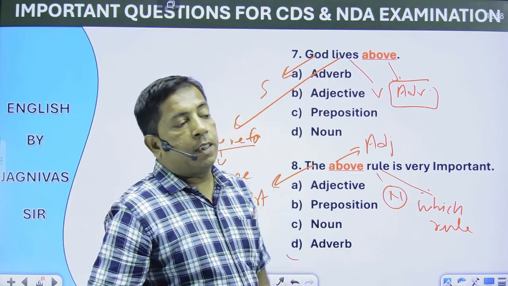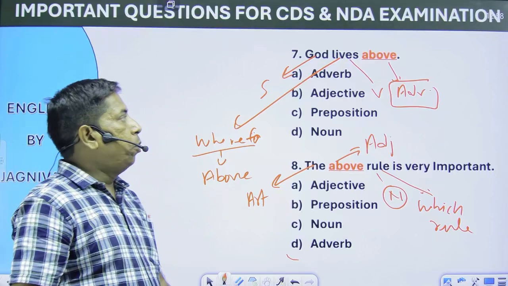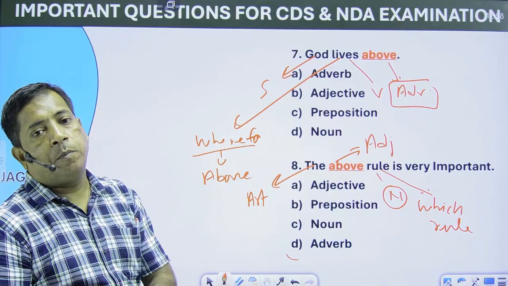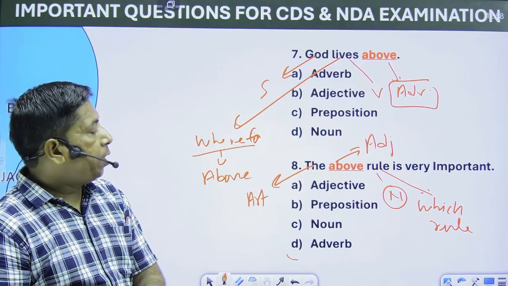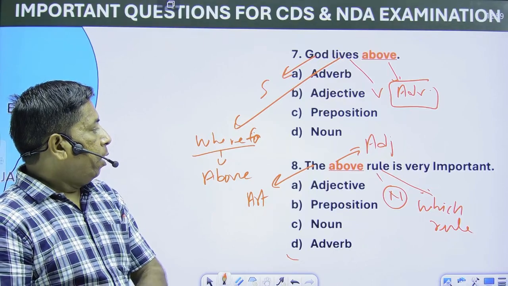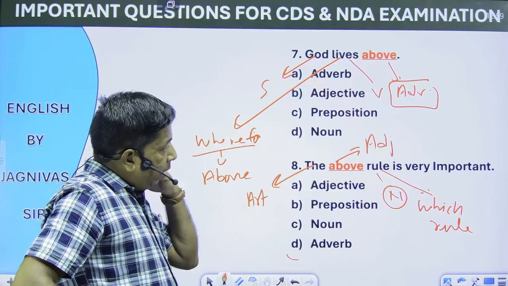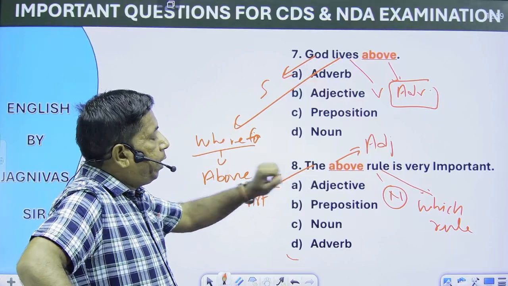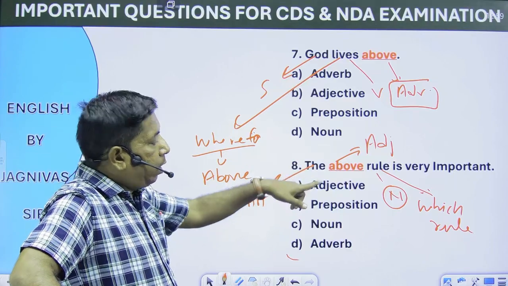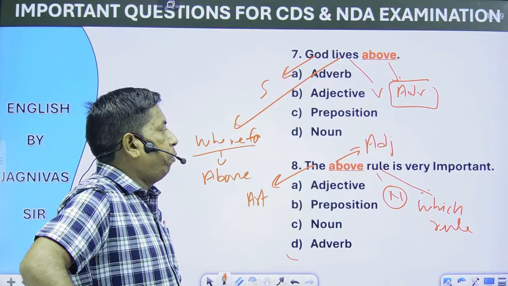So these sentences are a little bit tricky, but not very hard. In exams like CDS, NDA, Air Force, and many other defense exams, you can see the part of speech of words. But the main thing is, until and unless you know where the word has been written or with which word it has been used, you cannot tell the part of speech.